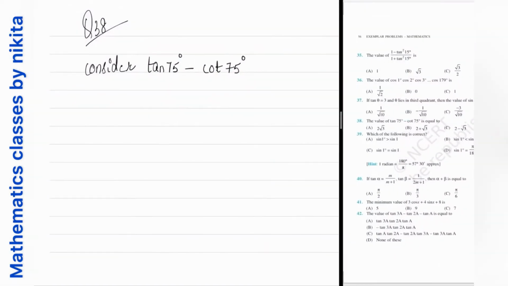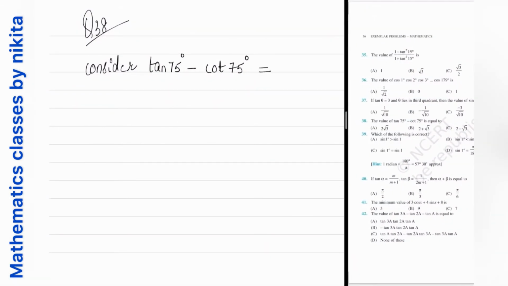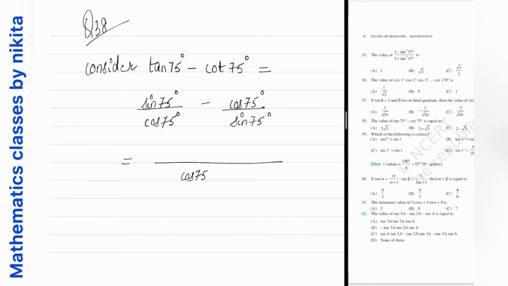Now first of all I can write this as sine of 75 degrees divided by cos of 75 degrees minus cos of 75 degrees divided by sine of 75 degrees. Now take the LCM. You will get cos of 75 degrees into sine of 75 degrees in the denominator, and in the numerator you will get sine square 75 degrees minus cos square 75 degrees.